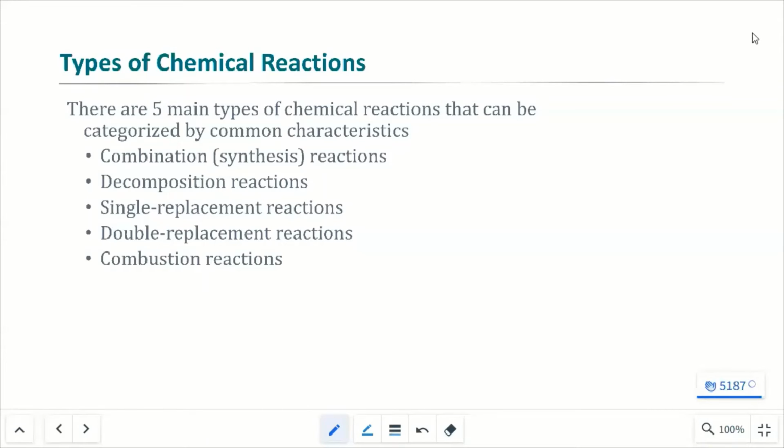So the 5 types are these: combination reactions, sometimes referred to as synthesis, decomposition reactions, single replacement reactions, double replacement reactions, and combustion reactions. So what we're going to do is just take a look at each one of these in turn to help you recognize them appropriately.